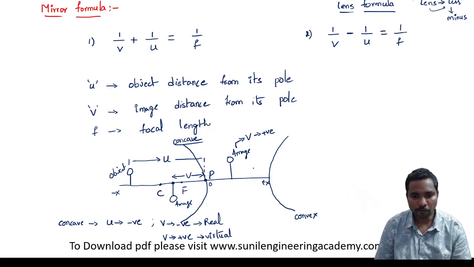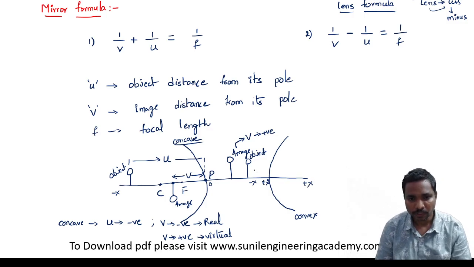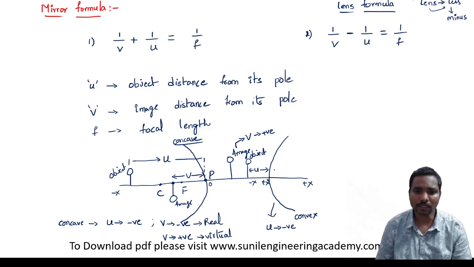If you place your object here, with the horizon as the minus x-axis and the plus x-axis, you have placed your object on the negative x-axis, so for the convex mirror also U is always negative. And the image formed is always in the virtual axis, as I have given in the previous session.